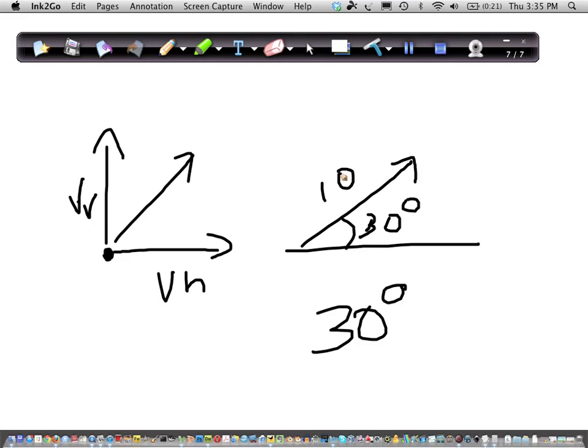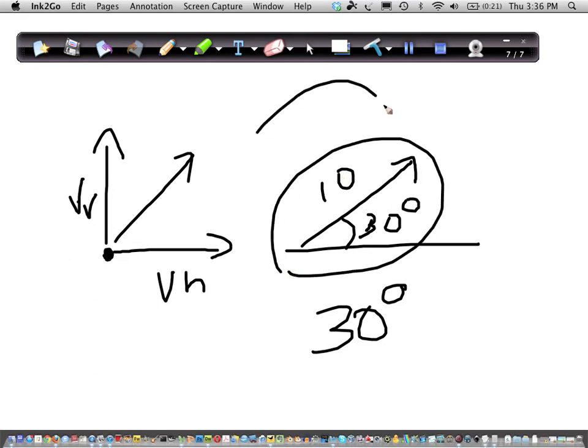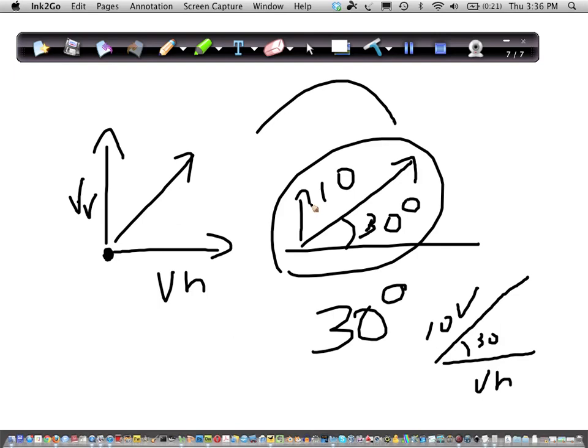Well, what does this mean? It's going to go up and down. But if we look at the vertical and horizontal velocities, this is the velocity that's 10, right? Here's the velocity horizontal. This is a 30-degree angle. And because of the vector components here, I can move it over here, and this is velocity vertical. And we can use SOHCAHTOA to do some solving. So this is just an introduction.